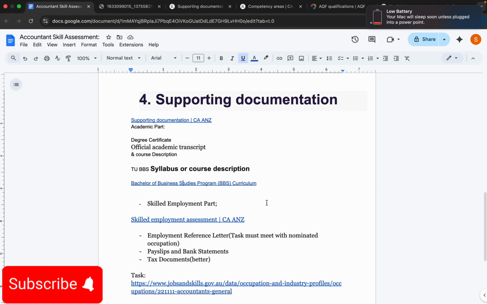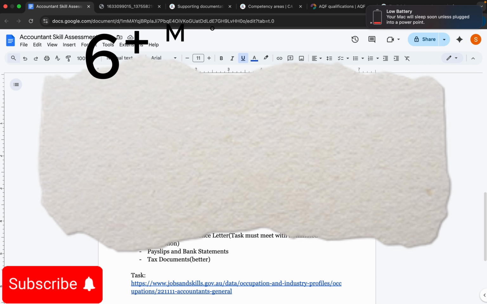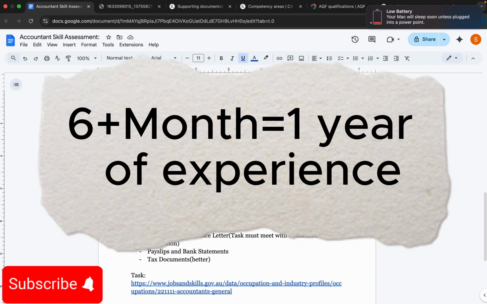Let's say you are studying master's degree in Australia and you have 3 months of experience back in Nepal or 6 months of experience back in Nepal, and you got a job in accounting recently and your employer wants to sponsor you. Who knows? So in that case, you have only 6 months. If you have only 6 months of experience in Australia, you can add your 6 months of experience from overseas to make 1 year and can do a 4.2.